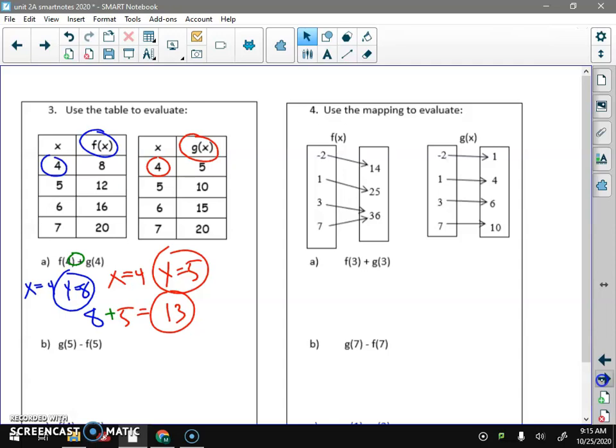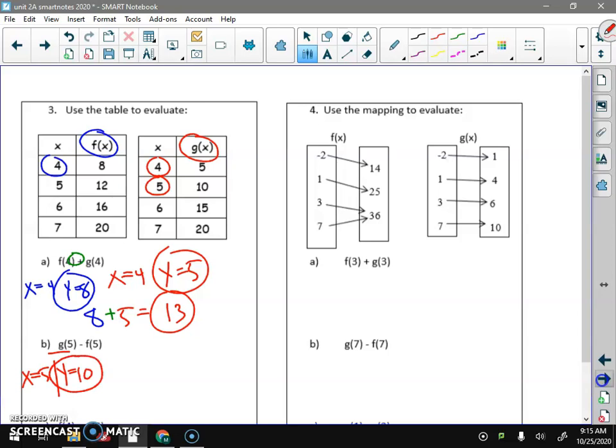Let's do it again. G of 5. We're going to start with red this time. When x is 5, what's y? Let's do it. 5 goes to 10. Circle it. That reminds me what number I'm going to use. Now F second: x equals, great wall, y equals, when x is 5.